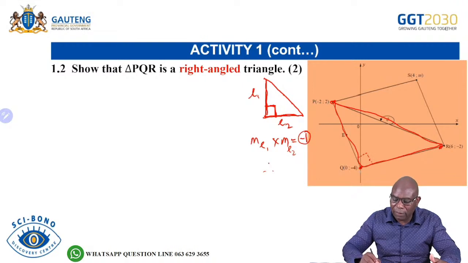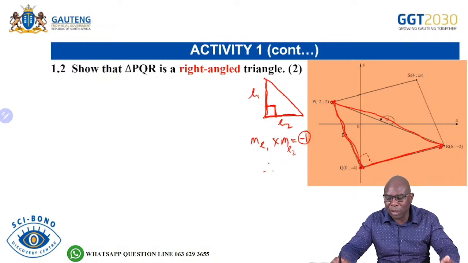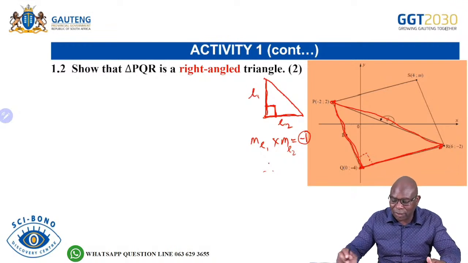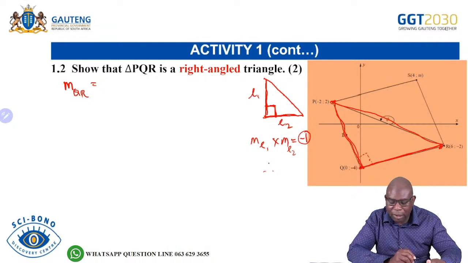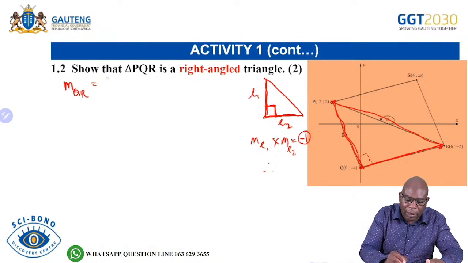So now I have the gradient of this line here, and I know the gradient of that line here. If I can multiply these two gradients and I get -1, then I can say, therefore, it is a right angle triangle. Now, how do I get the gradient there? So first I must get the gradient of QR. The gradient of QR will be -2 minus -4 divided by 6 minus 0.